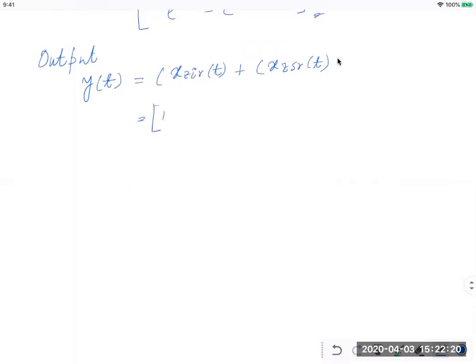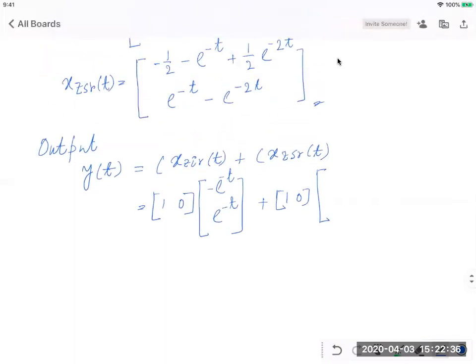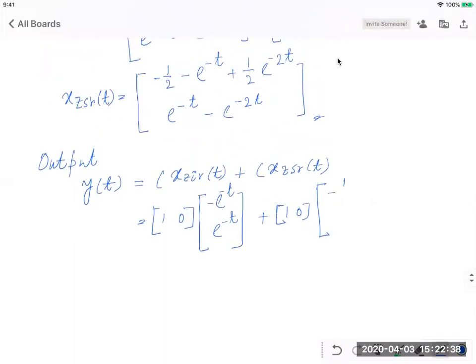C is [0 1], and x_zir here is minus e to the power minus t, e to the power minus t. This is the second element, plus [1 0] multiplied by minus half minus e to the power minus t plus half e to the power minus 2t.